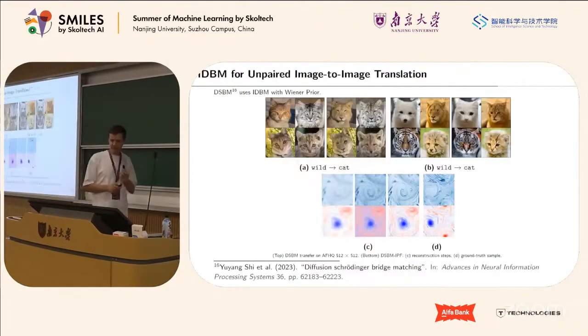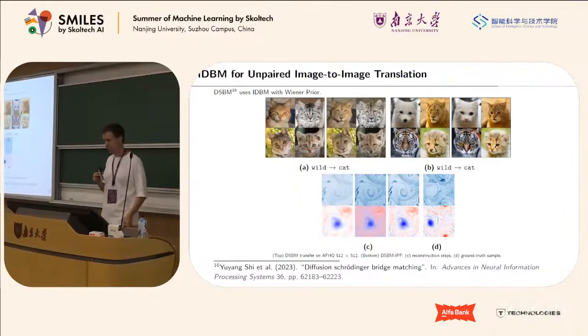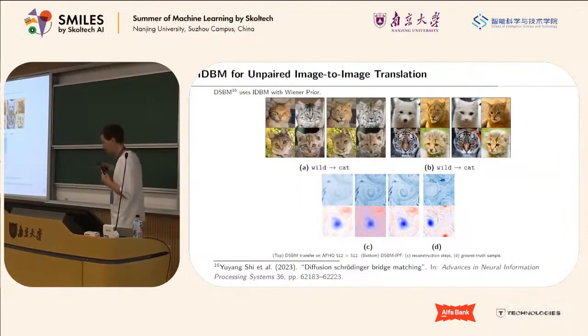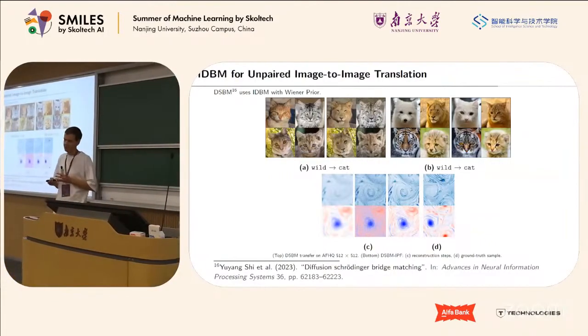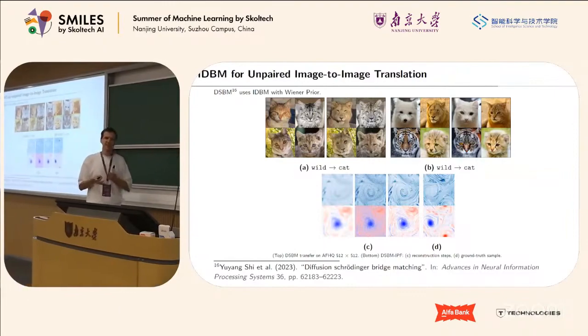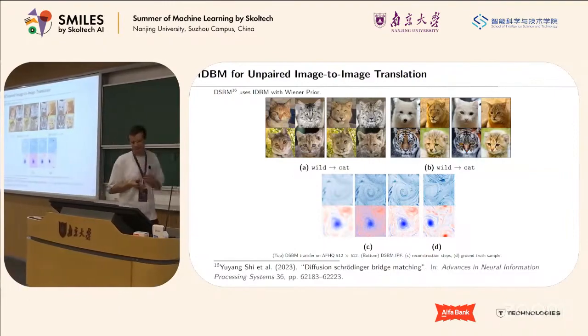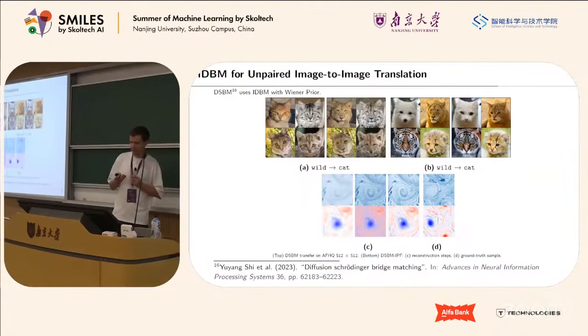Also, the authors of this paper related to diffusion Schrödinger bridge matching, which is called iterative diffusion bridge matching, let's call it this way, apply it to some super resolution problems related to physical fields, where this L2 correspondence might be reasonable.